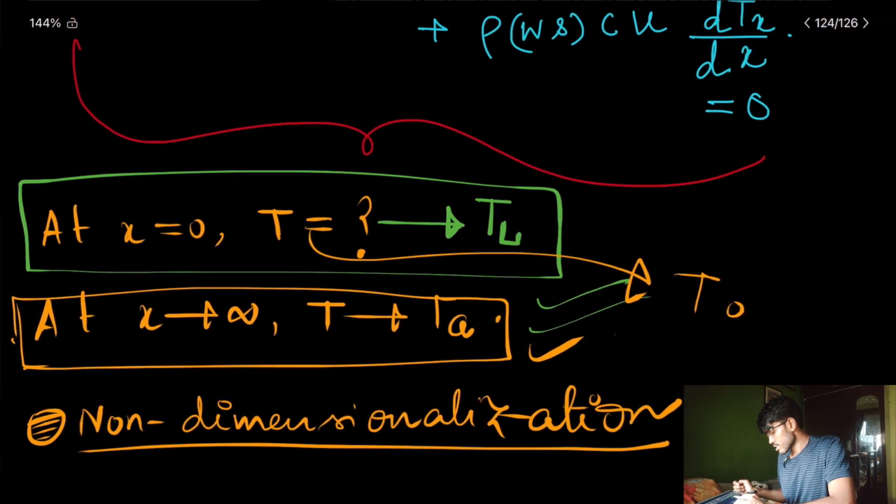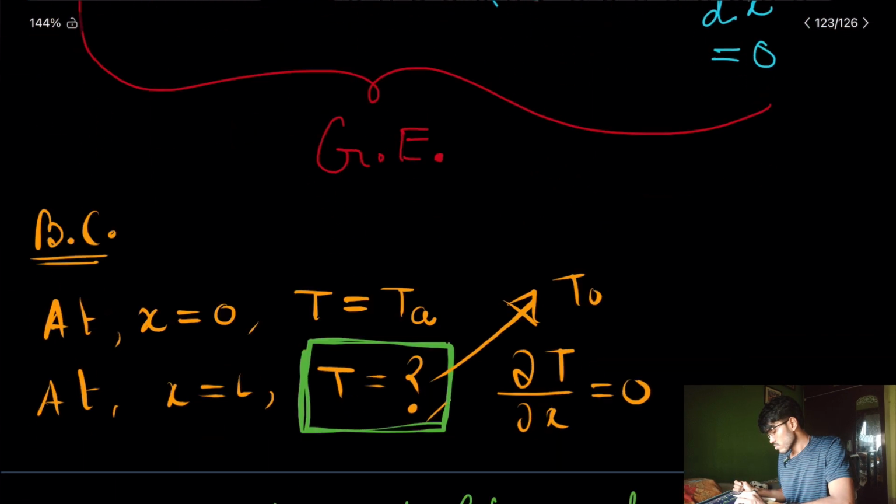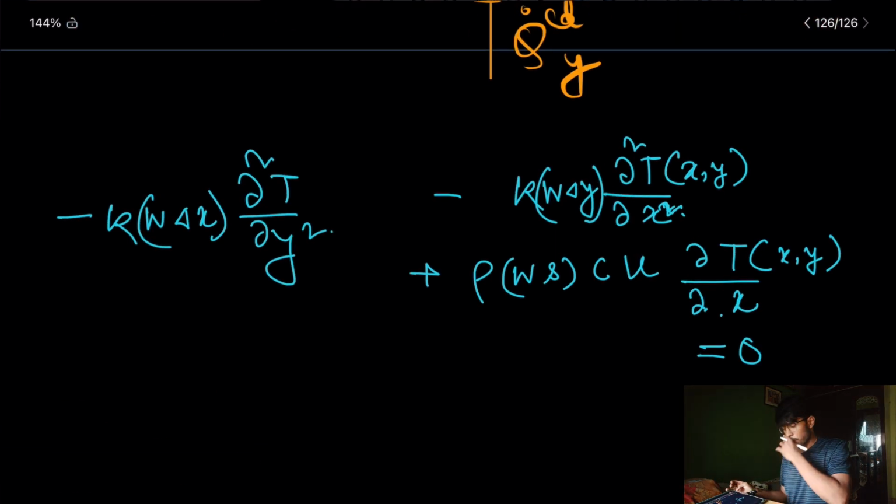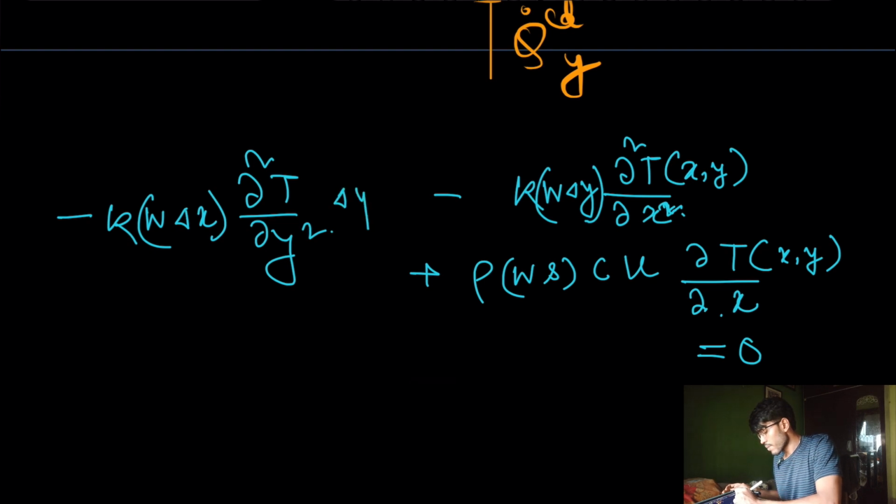So k A_x, the thing you will be getting will be multiplied by delta y and by delta x. And here this will not be w into s.